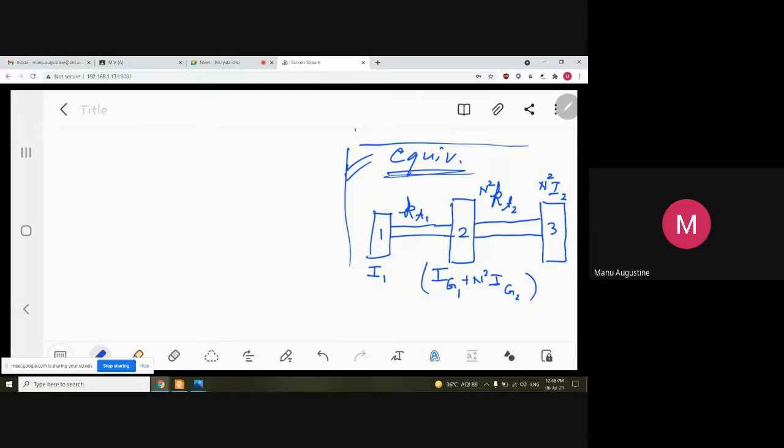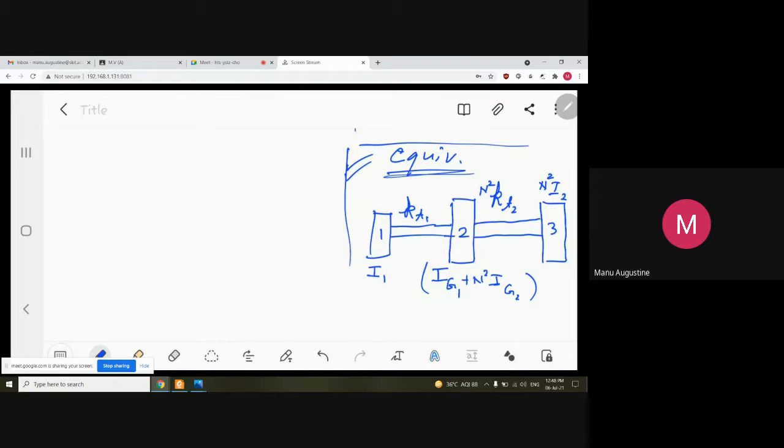And once you have obtained the conversion in the required manner, then you can proceed with the problem of finding the natural frequencies. See, we should not lose vision of the original thing that we were actually after. We wanted to find the natural frequencies of the system when there are gears involved.